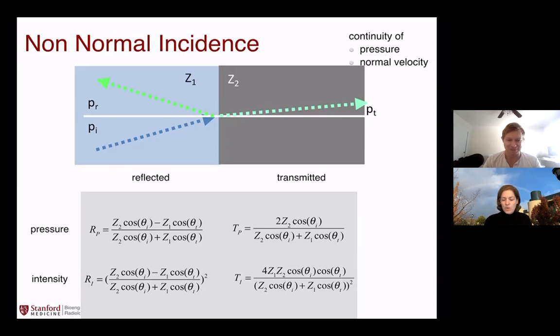But what we can see when we use those equations is the same equations that we had before: 1 plus the reflected pressure is equal to the transmitted pressure, and that's going to be true in this situation as well. And then continuity of power, so that 1 equals the reflected intensity plus the transmitted intensity. And of course, these equations are going to hold on that side as well.